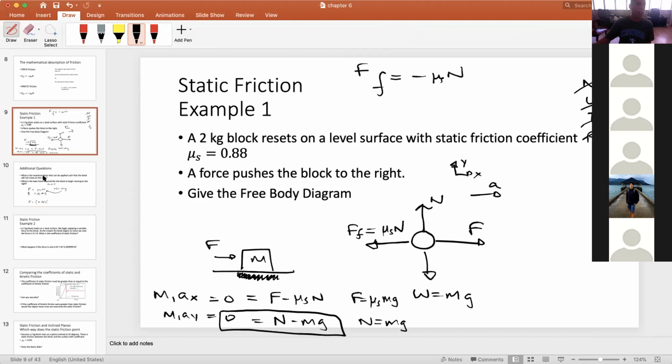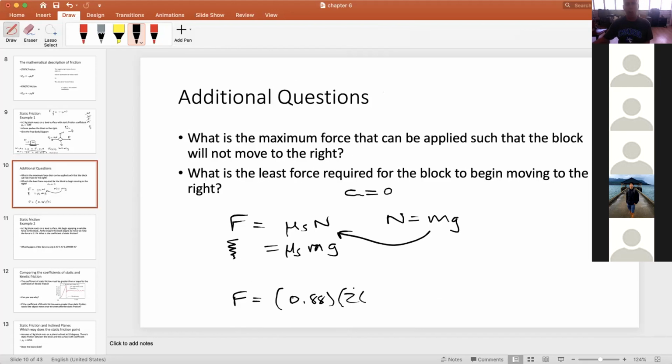I said that it was a 2 kilogram block and 9.81. So what do I get here? I get 0.88 times 2 times 9.81, which is 17.2656 newtons.